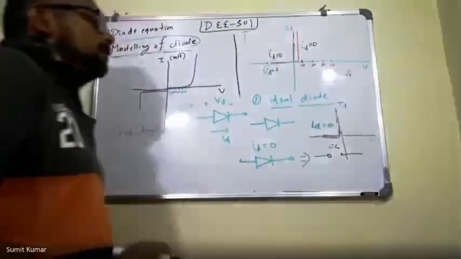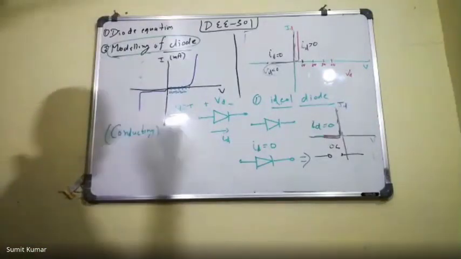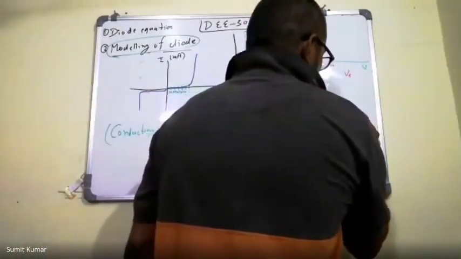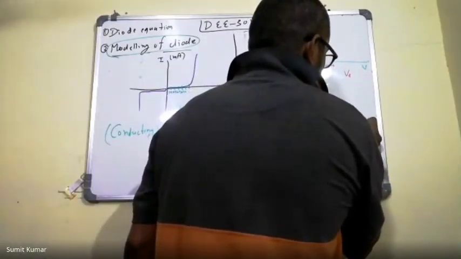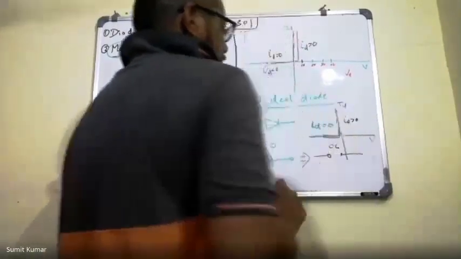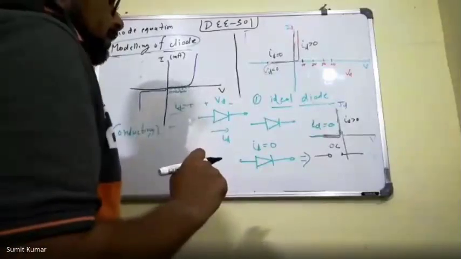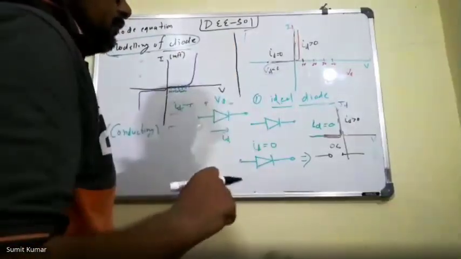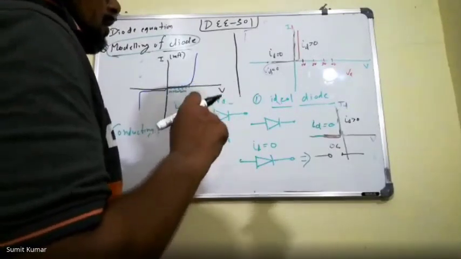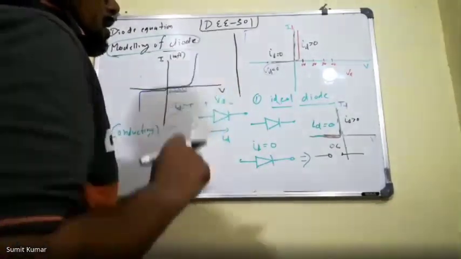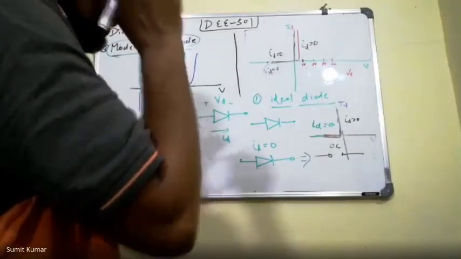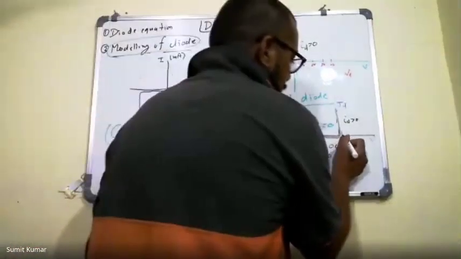Okay, so a diode, we can represent it as an open circuit for the portion where id is equal to 0. And when id is greater than 0, we can see that id is very large, and the voltage is almost 0.